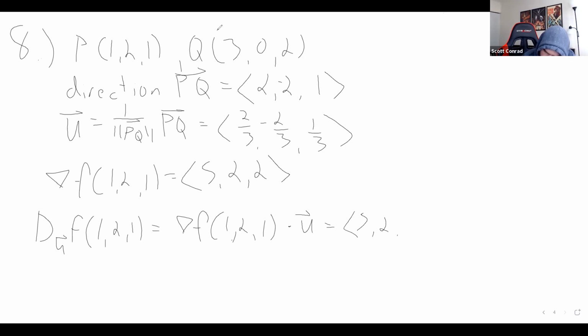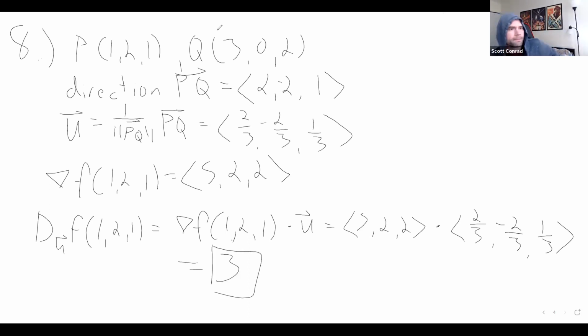And so that's 5, 2, 2 dot 2/3, negative 2/3, 1/3. And so we get 10/3 minus 1/3, which is 9/3, which is just 3. Should be 3.